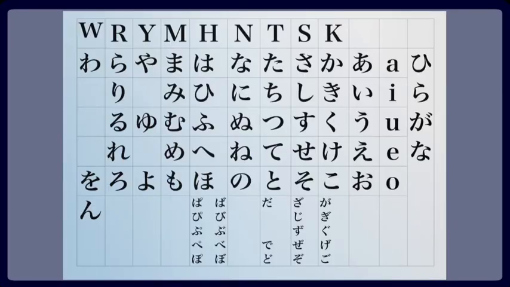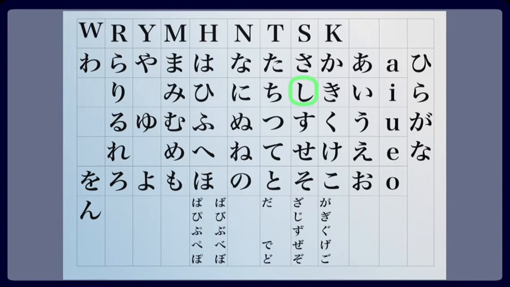If we go back to our Hiragana chart now, we'll look at the S column. S with the vowel A would be sa. Very simple, sa, at the top of the S column. The next letter is a little bit tricky, and we have to remember something special about this. Japanese people don't say si, they say shi.